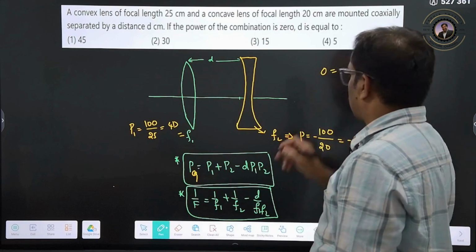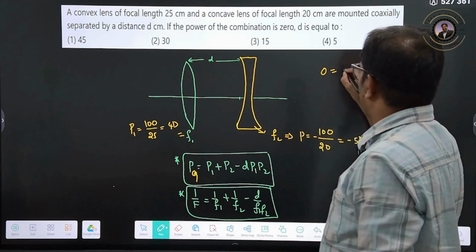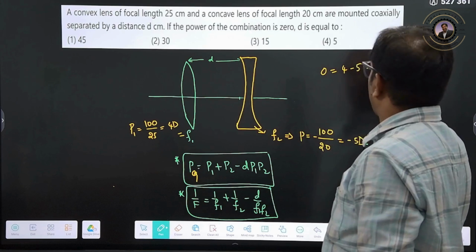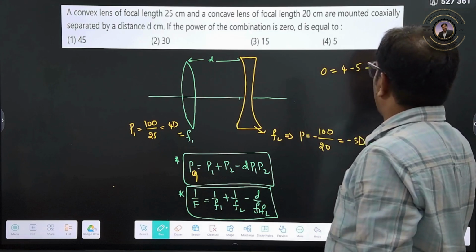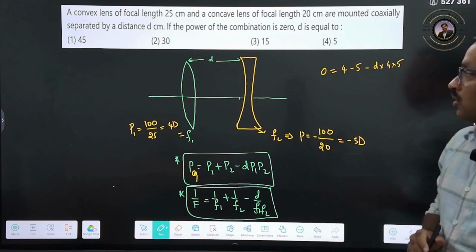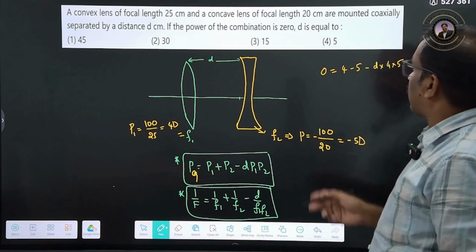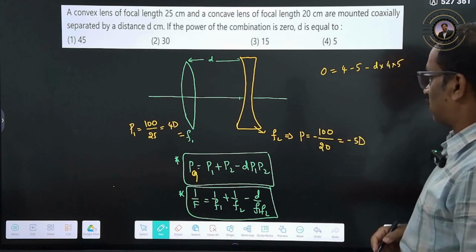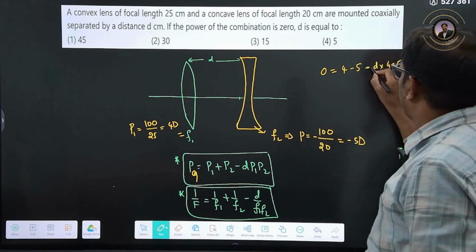So power equivalent is equal to 0. 0 is equal to power 1, which is 4, minus 5, minus d into 4 into 5. So that implies, minus of minus will become a plus.